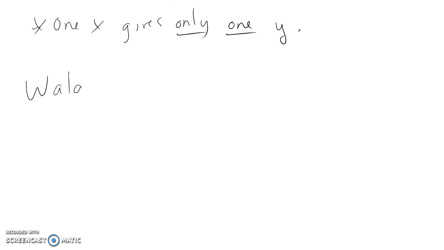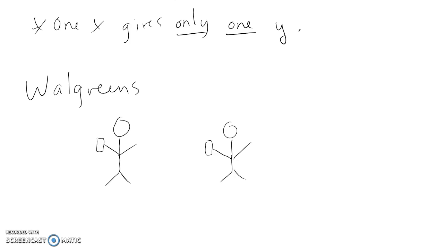I like to think about functions in this way. Let's say you go to Walgreens with a friend, and you and your friend want to both get a Coke. And you decide that you're going to get exactly the same kind. The same size, the same flavor, everything.